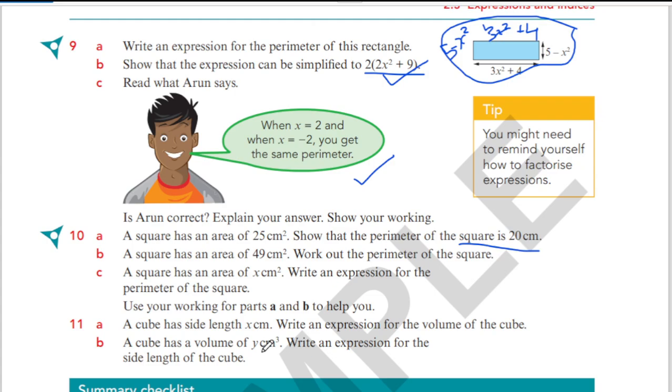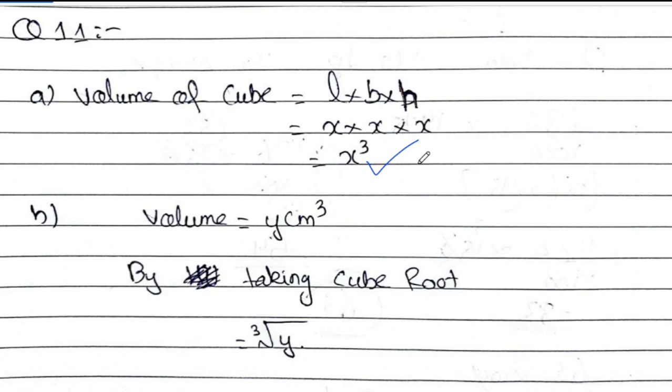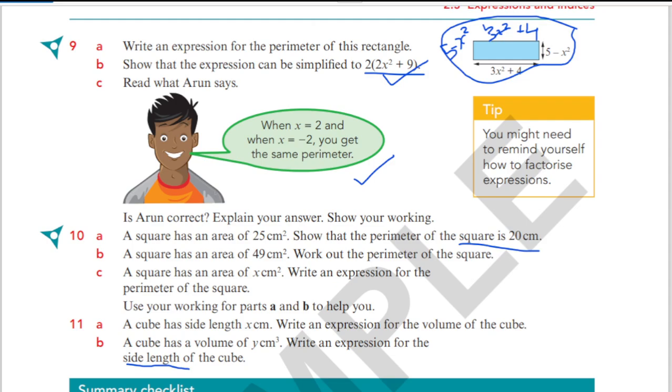Now the volume is given, we just have to take its cube root to find an expression of its side length. By taking the cube root of y, the cube root of y is the length of this cube. So we are done with exercise 2.2 here.